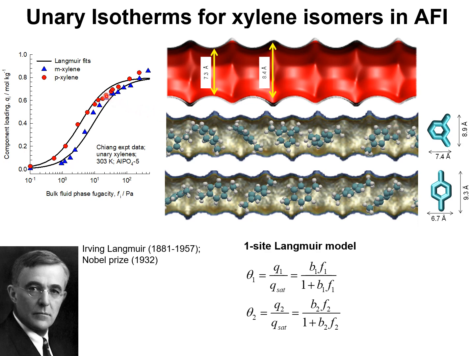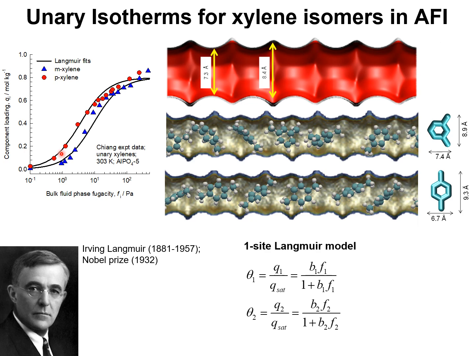The experimental data for the unary isotherms are shown here. Blue triangles for metaxylene and red circles for paraxylene. Both components have a saturation capacity of 0.8 moles per kilogram.